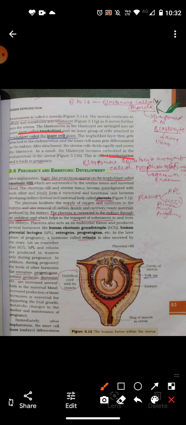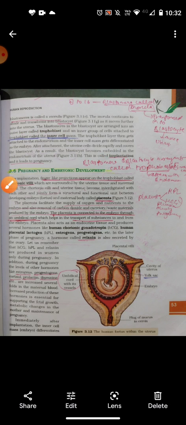Next we are going to talk about implantation. Implantation is the process in which the blastocyst becomes embedded in the thickened endometrium of the uterus. It occurs approximately 1 week after fertilization.